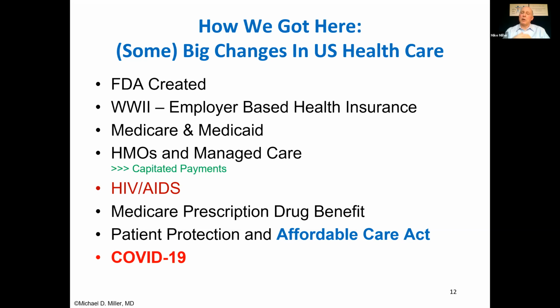The Affordable Care Act started to flip that on its head and make it so that their business model was more, how do we get those 5% of people with all those healthcare costs and provide them better healthcare, working with health delivery systems so that those costs can be, not eliminated, but reduced. And that was the business model. So meaning instead of avoiding risk, they were actually seeking out the high cost people with a lot of health problems to try and provide them better care. And then of course, COVID-19 has really changed a lot of things in the relationship of healthcare, public health, research, and other things.